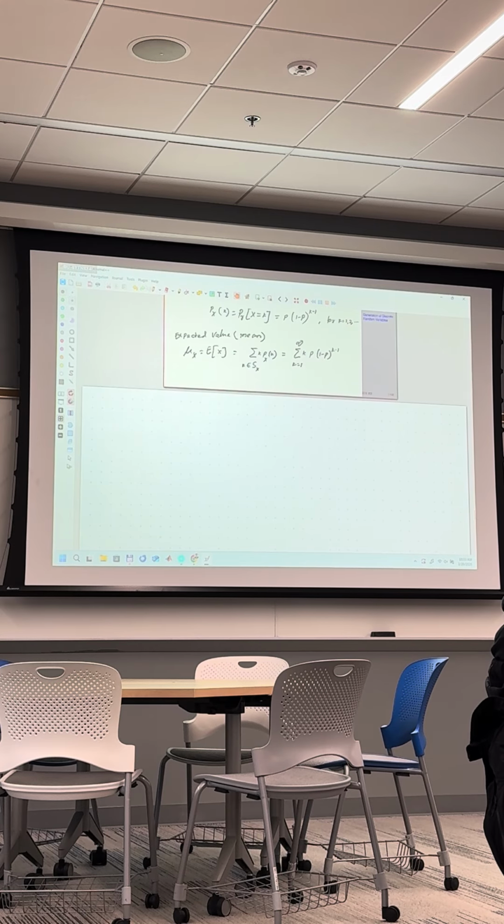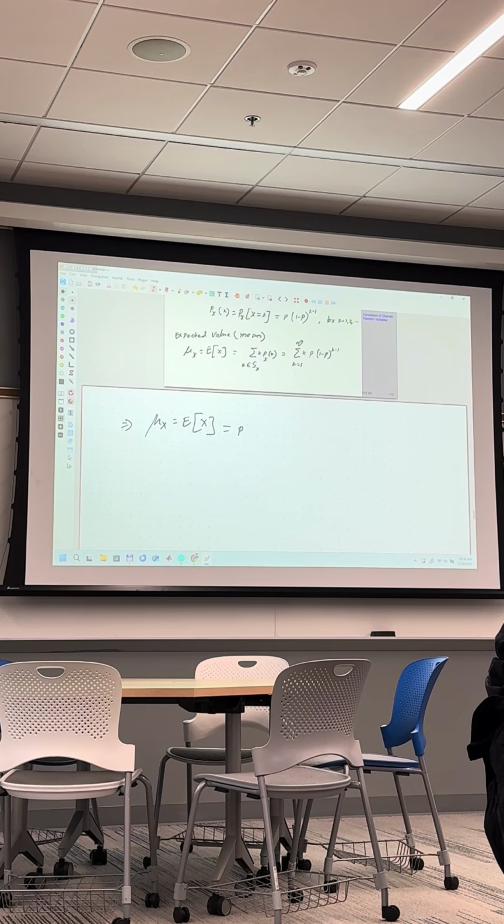So the mean or expectation of random variable x is basically, you can take p out of the way, because p does not contain the summation index k. So you can take p out of the summation.